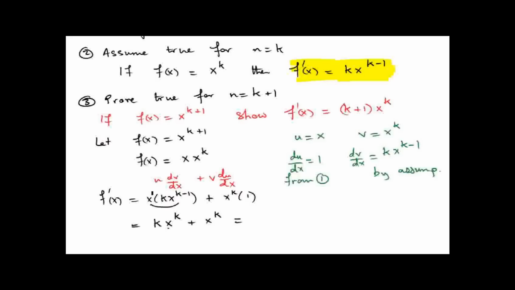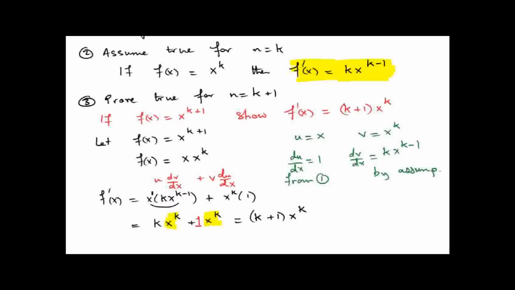Would you agree that I have an x to the power of k here and I have an x to the power of k here? So couldn't I take out that common x to the power of k? And I'd be left with k plus 1 by x to the power of k. Are we all agreed on that? I've got an x to the power of k multiplied by k here, and I have an x to the power of k multiplied by 1 here. Take out the common x to the k, and you get k plus 1 by x to the k.